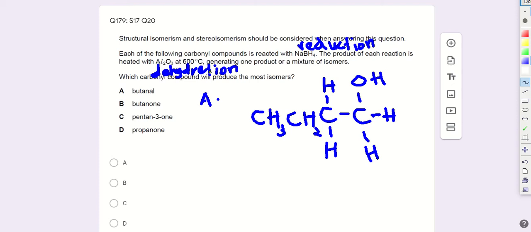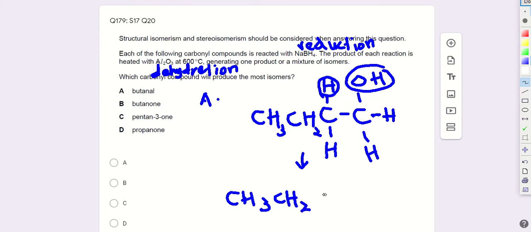After that, let's do dehydration. So I'm going to remove this OH, then with 1 H from the adjacent carbon. So I will get an alkene. H, H. Then this one also another H. Now let's look at this product.